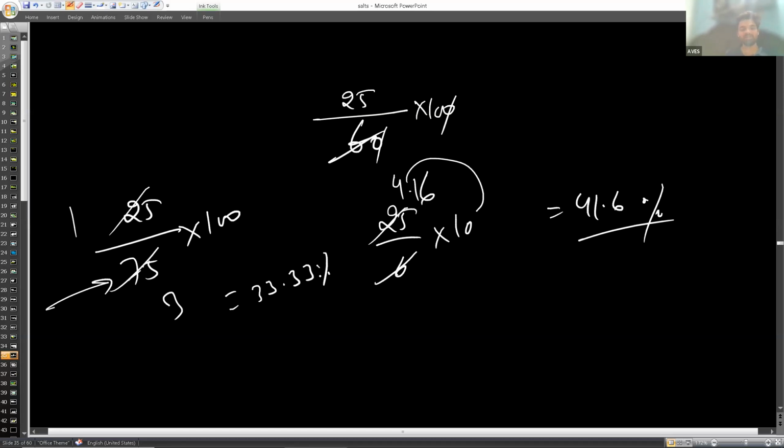Now calculate the solubility, please. What is the formula for solubility? Sarah, what is the formula for solubility?